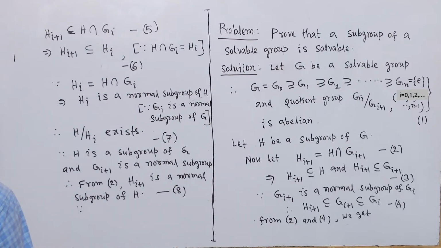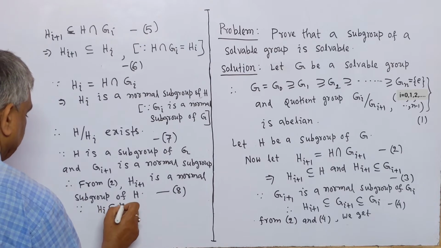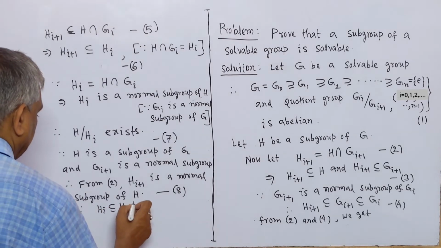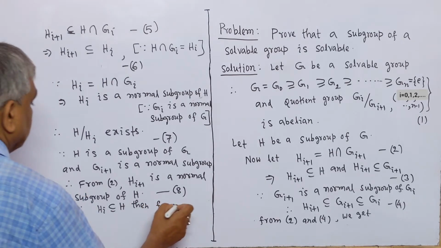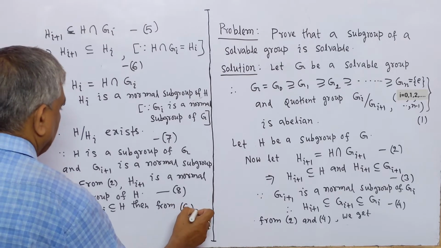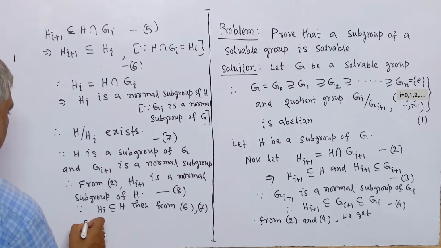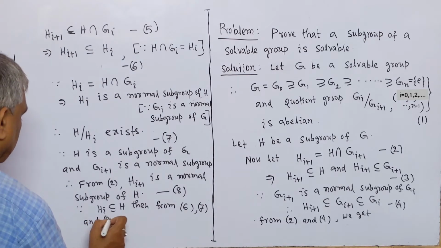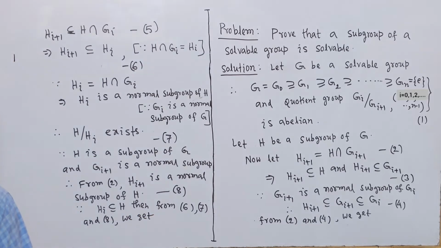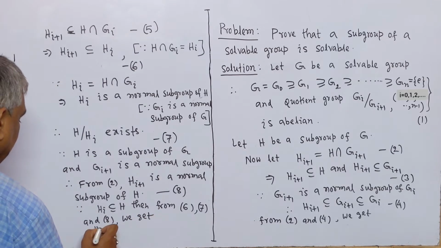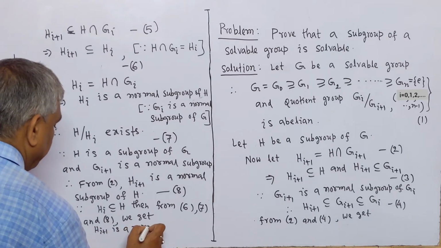Since Hi is a subset of H, then from 6, 7 and 8 we get Hi plus 1 is a normal subgroup of Hi.